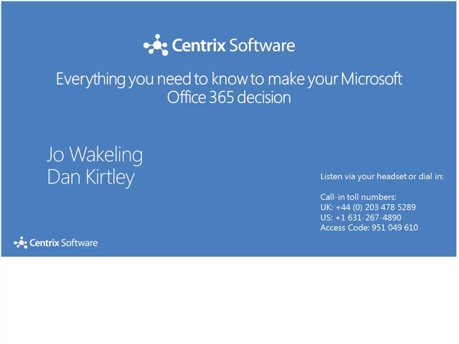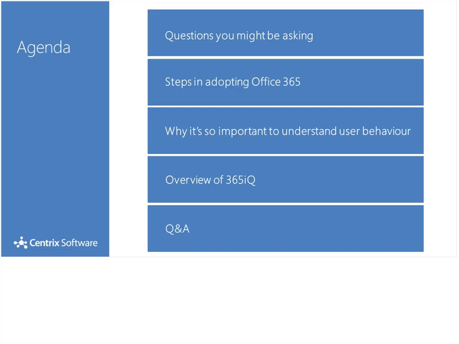Thanks very much, Jo. So just going to talk through the agenda firstly, just to add to what Jo was saying. So the agenda for this webinar is questions you might be asking around Office 365, depending on where you are in your adoption. And then how that translates into the different steps which are involved in adopting Office 365.